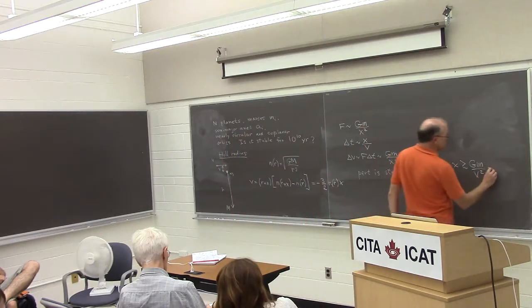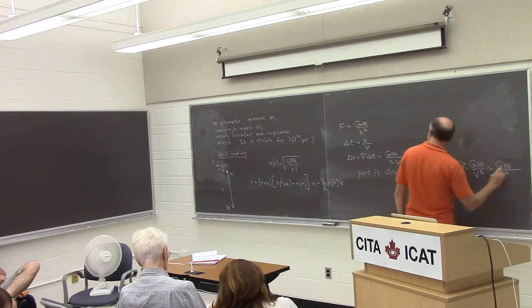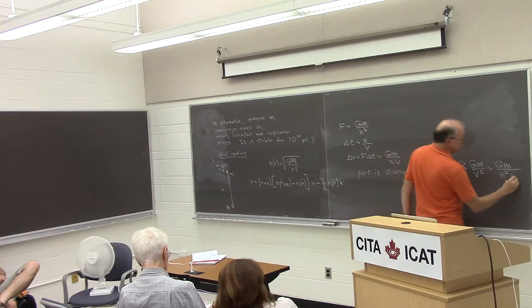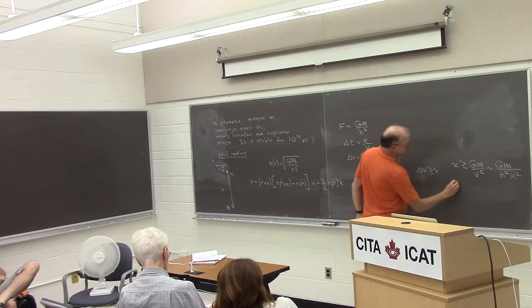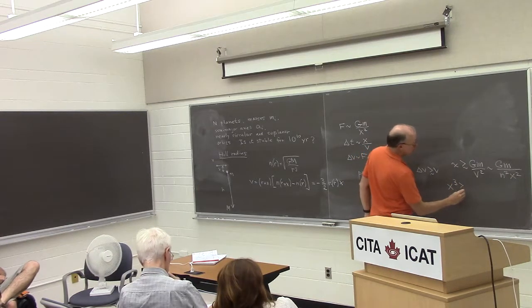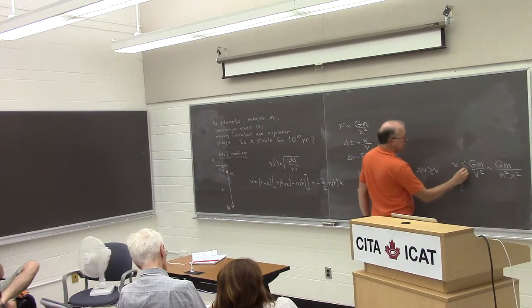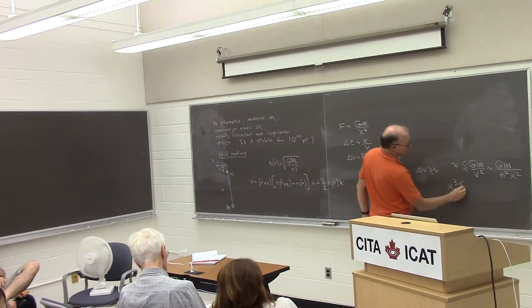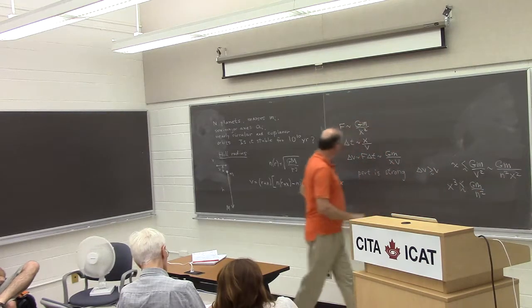This is approximately Gm over n squared x squared, so the perturbation is strong if x cubed is less than approximately Gm over n squared.